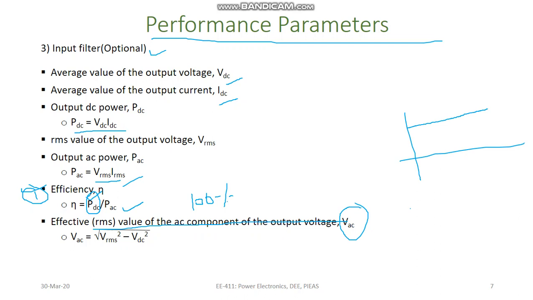But if we zoom in a little bit, or the filtering is not very good, we will see that there are some ripples overriding this DC signal, which means that there is some AC content in our output signal. So that is defined as VAC equal to the square root of VRMS square minus VDC square.